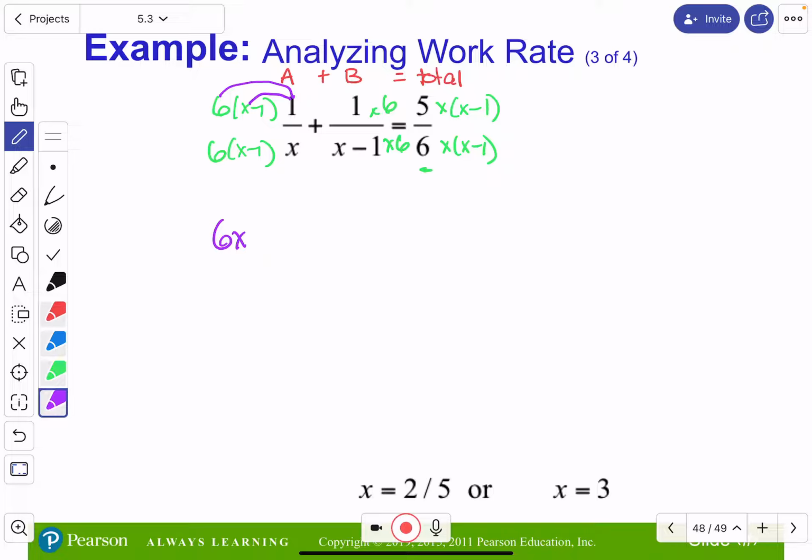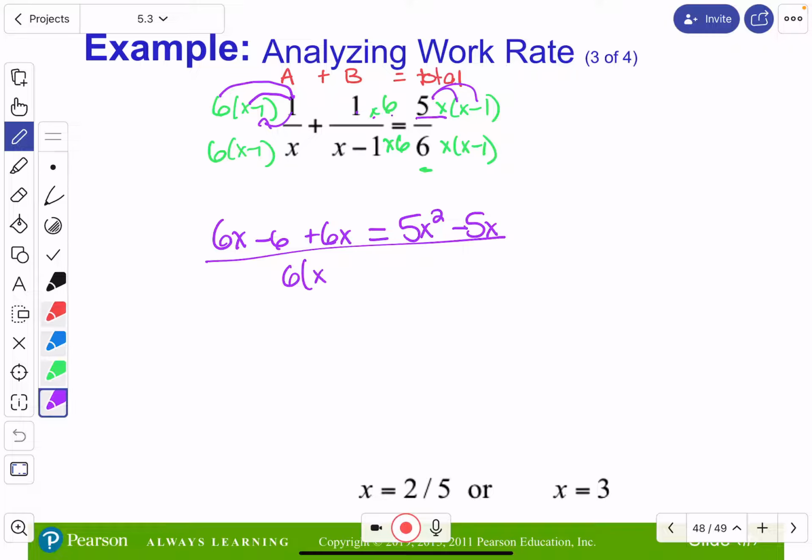And 6 distributed to -1 is -6. Here, 1 times x times 6 is 6x. Here, so that's going to equal 5 times x is 5x, times x is x squared. And 5x times -1 is -5x.